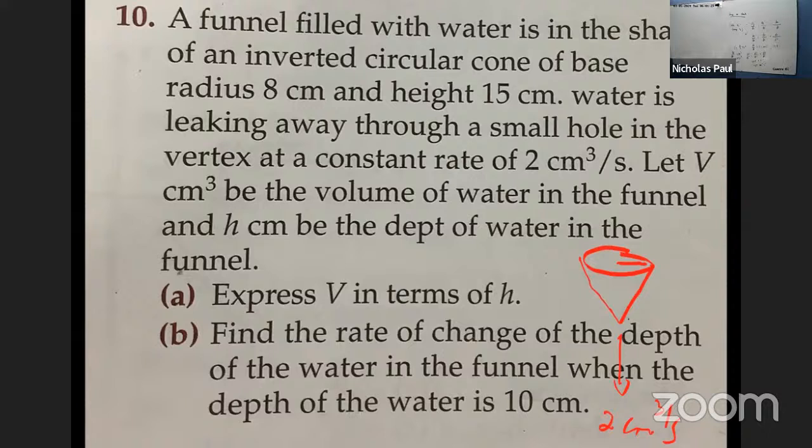The radius is 8. I'm just going to fix this piece of the diagram. This is 8 centimeters, the cone is inverted, and the entire height of the cone is 15 centimeters.